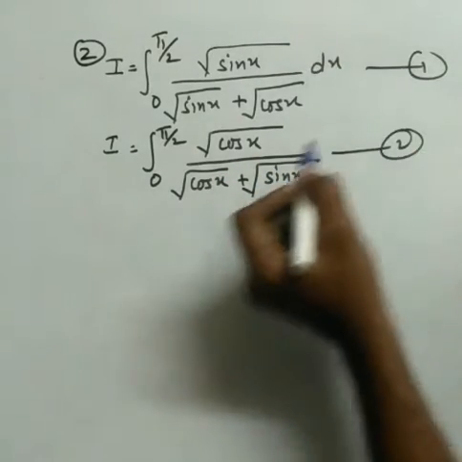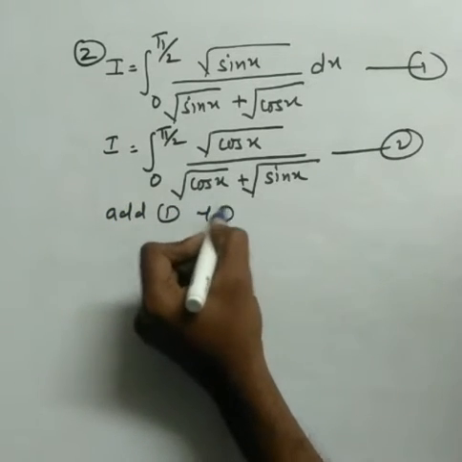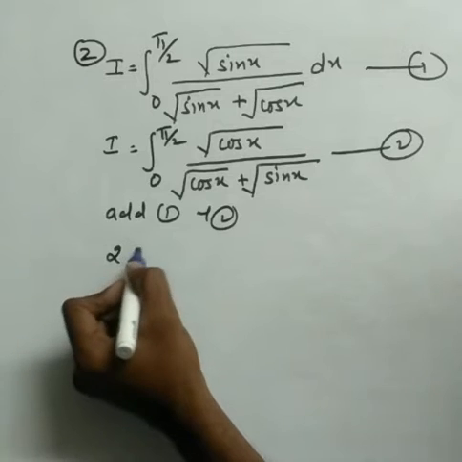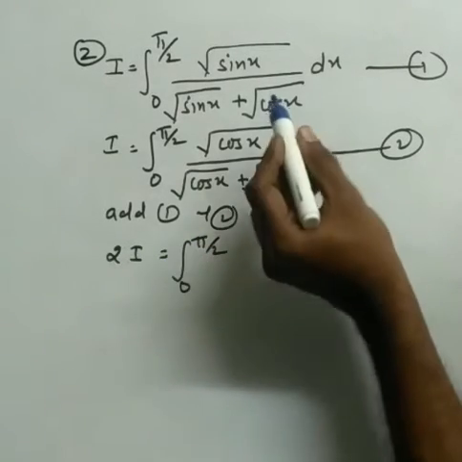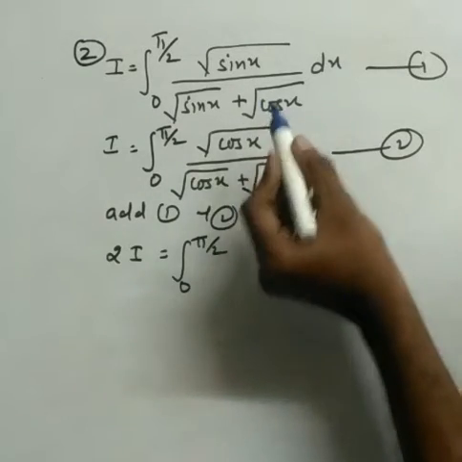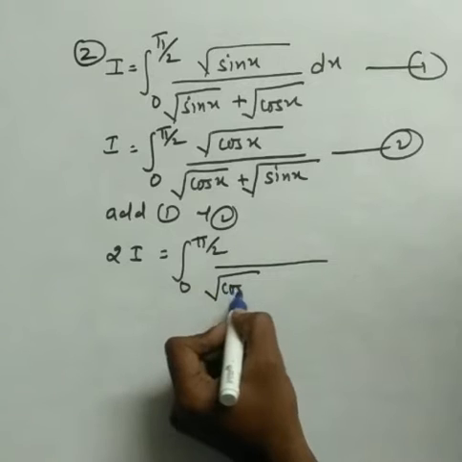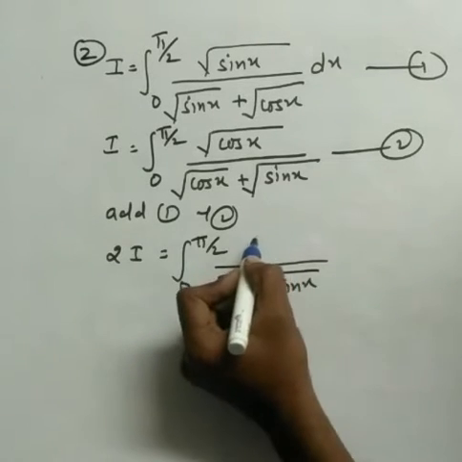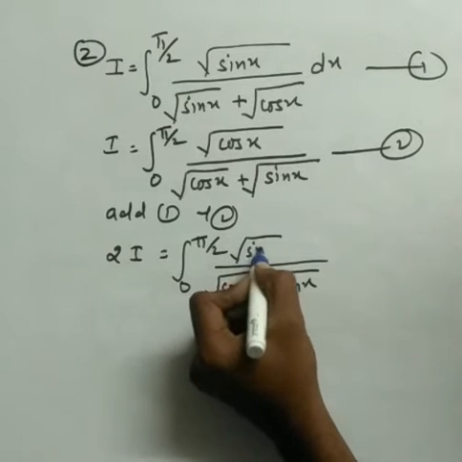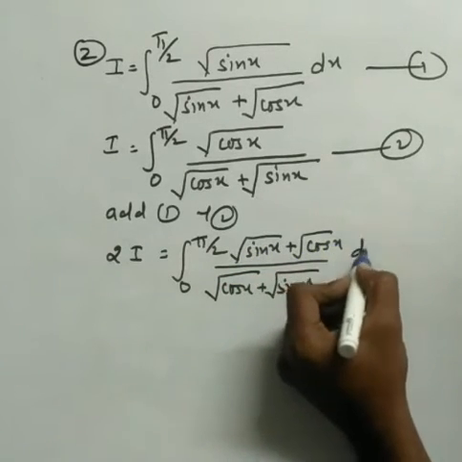This is equation number 2. Add first and second. I plus I is 2I, integral from 0 to pi by 2. Since the denominator is the same in both, the addition will be root of cos x plus root of sin x. In the numerator also root of sin x plus root of cos x, and dx.